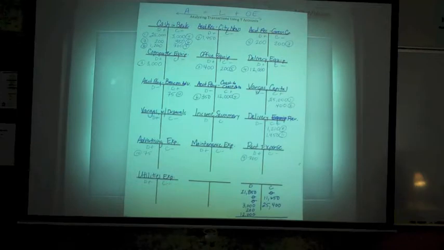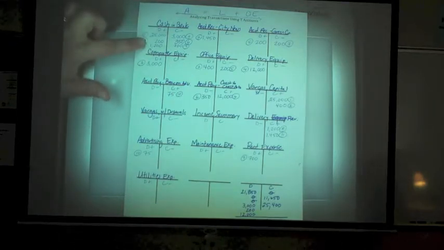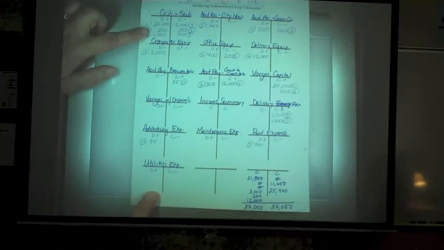Transaction 12. On October 28th, Zip paid a $125 telephone bill with check 104. What two accounts are going to be affected? You should have said cash, and then telephone is actually a utilities expense. What's happening to cash?